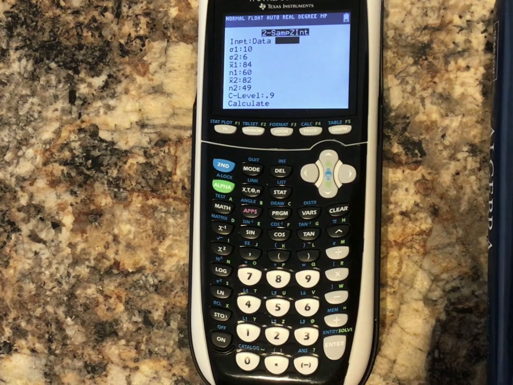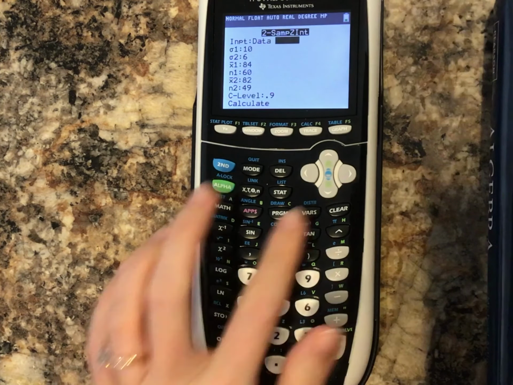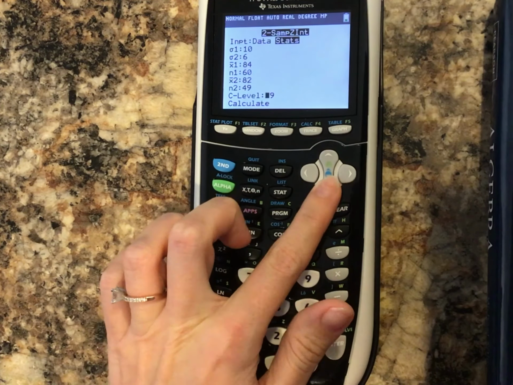So it's always 1 minus whatever the level of significance was for the hypothesis test. Okay, so we had a 0.1 level of significance, which means our confidence level is 0.9. So we're 90% confident that this particular interval should contain 0. So then I'm going to go ahead and calculate.